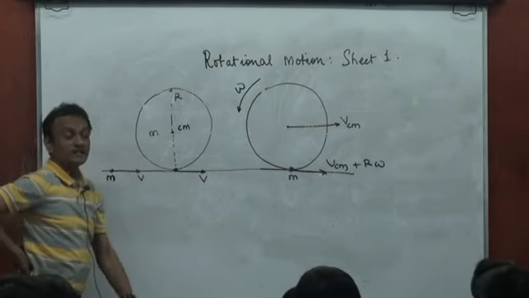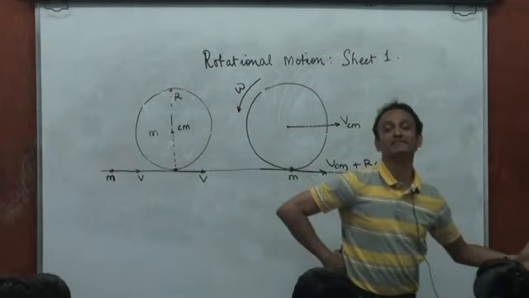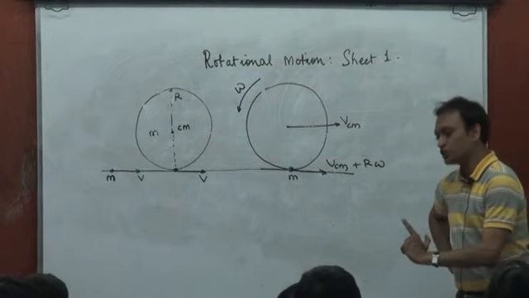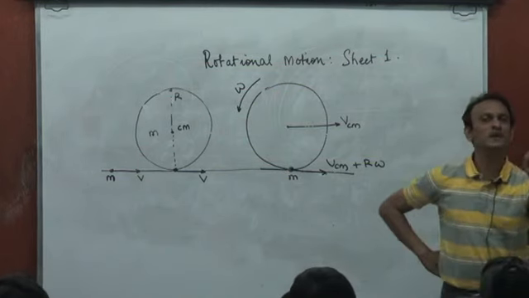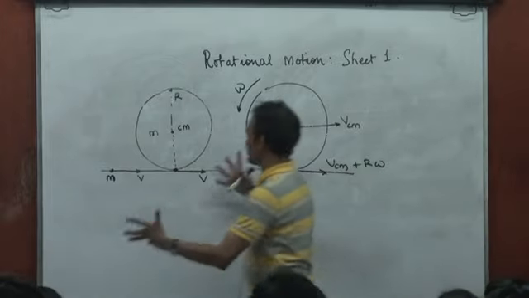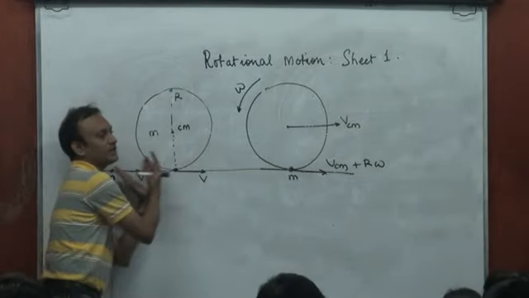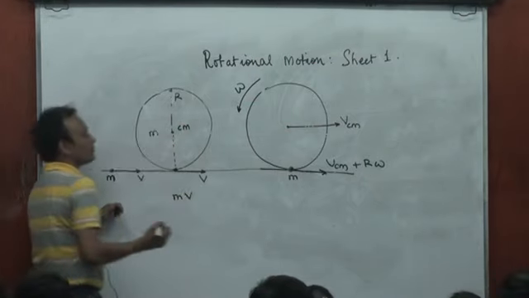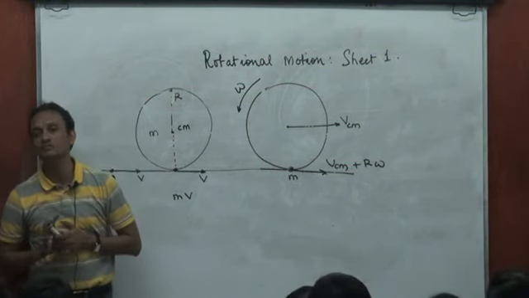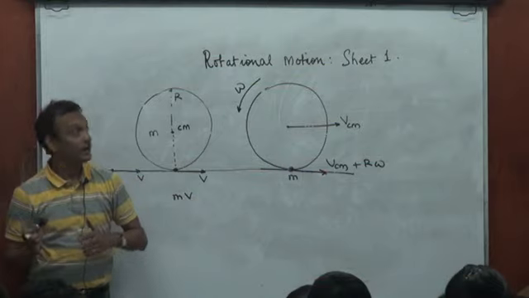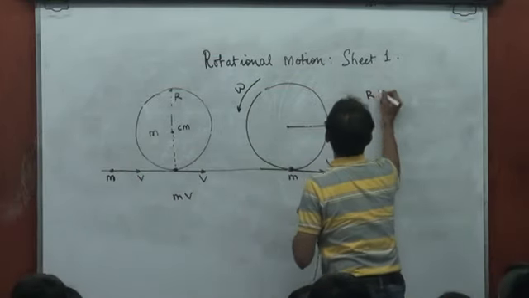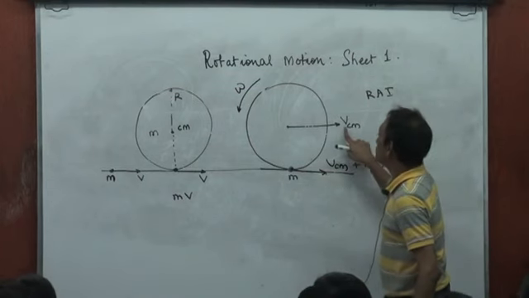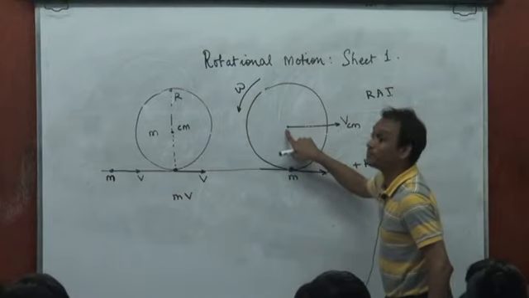Now let's start by applying the relevant principle. First of all, the linear momentum for the bullet plus the hoop horizontally must be preserved. What did we start with? We started with the hoop at rest and the bullet having a horizontal velocity. So between the two, they had a total linear momentum mv to begin with. And right after impact, the hoop had a linear momentum m into VCM.